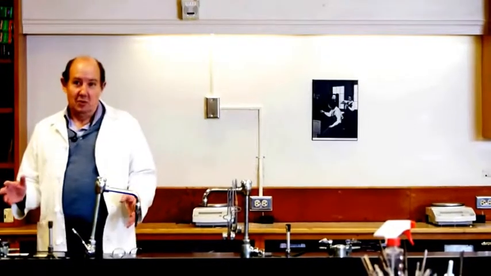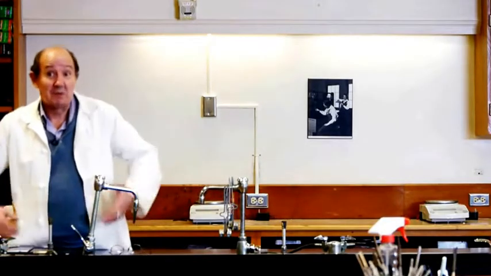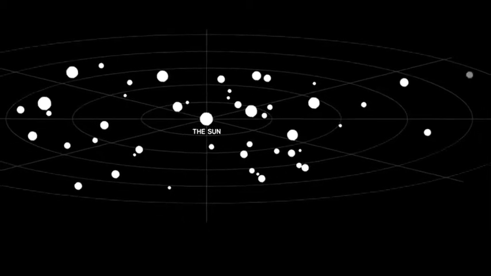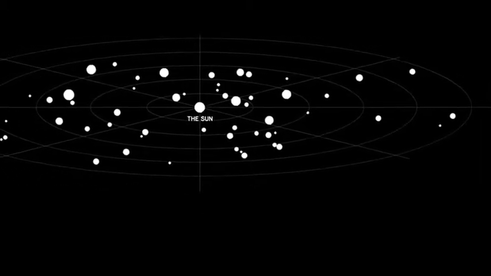No one knew if there were any other solar systems anywhere else in the universe. It was quite possible this was the only solar system in the universe. But in the last 15 years, there's been some quite magical astronomical research, a lot of it based on satellite telescopes, such as the Kepler satellite. And what we now are able to do is actually see other solar systems. They vary hugely.